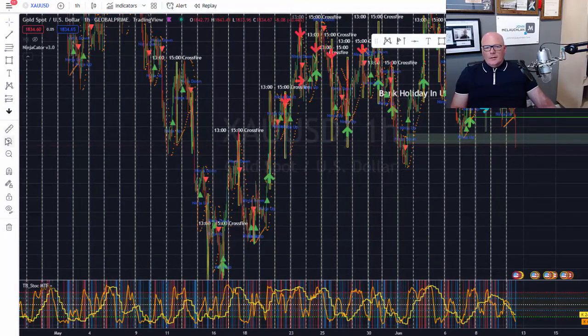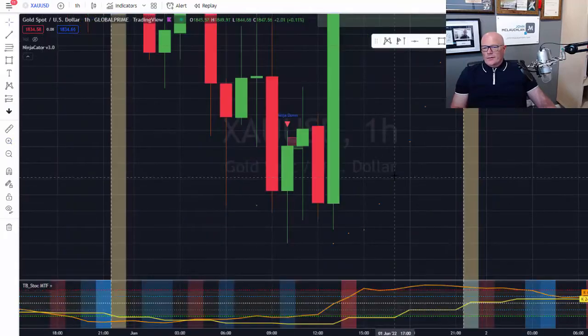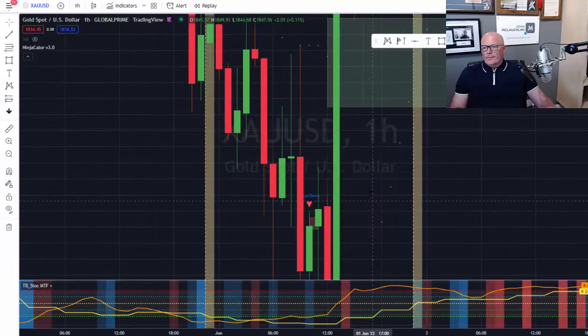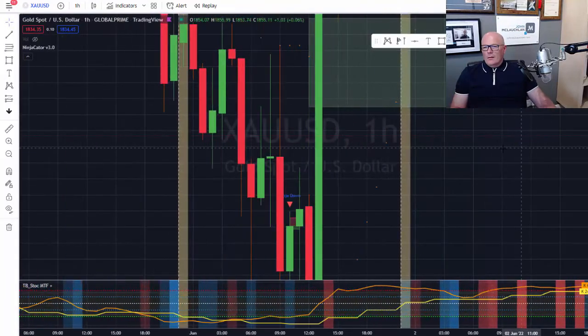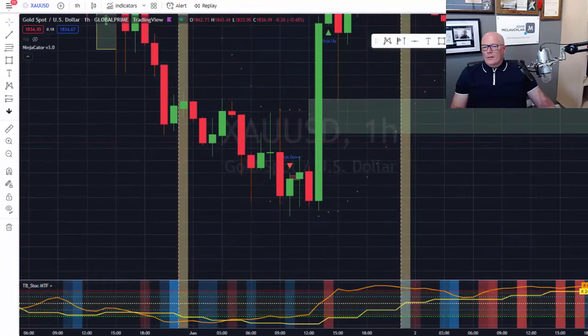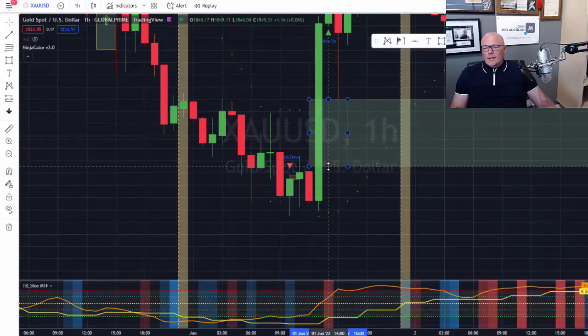So if we go to the first again, just see what we've got going on. On the hourly time frame, we've got imbalance going down to here, to the top of this wick.